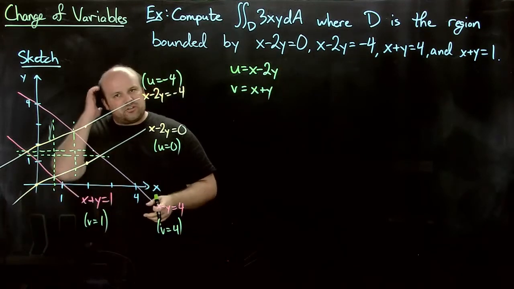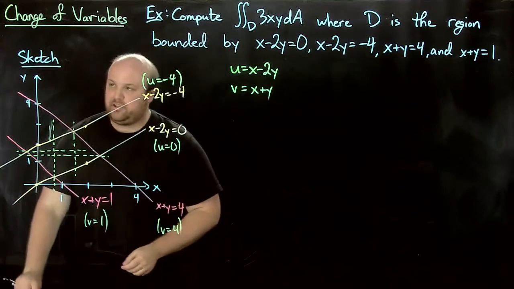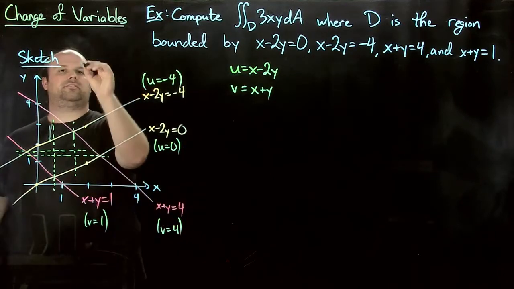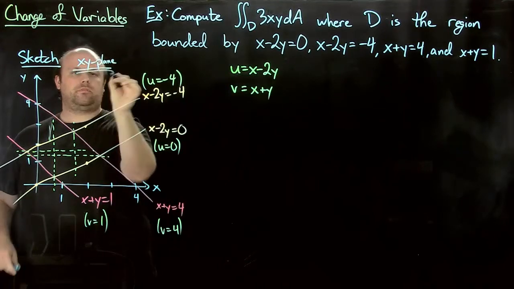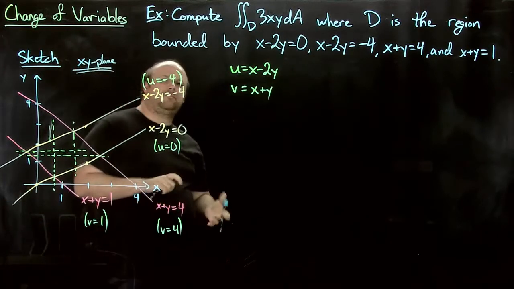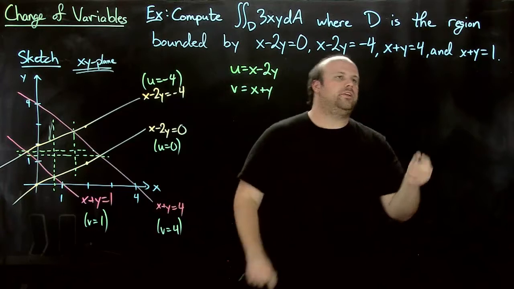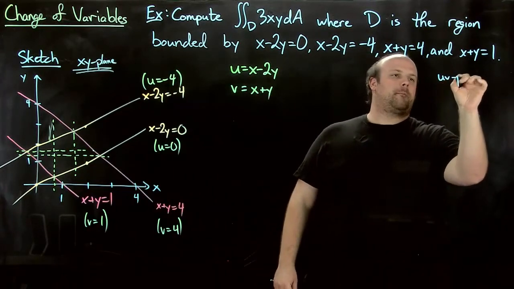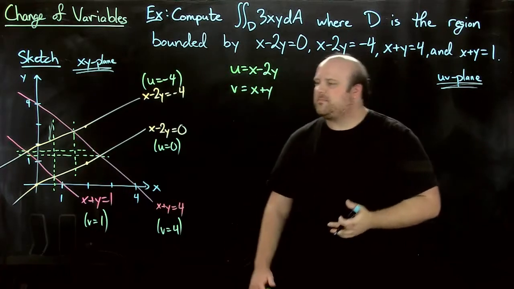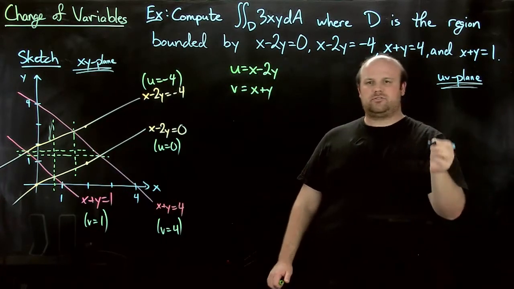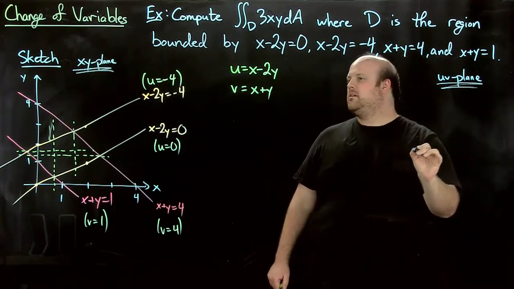So if we imagine graphing this in the uv plane, so here this was the xy plane. If we graph this in the new uv plane, then we get something a lot simpler. And I'll draw the picture a bit smaller here.